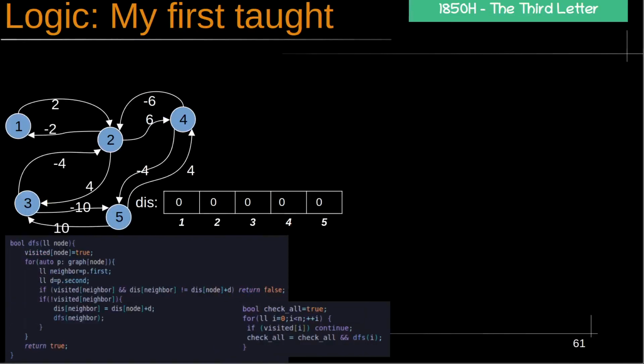This is the code that came to my mind the first time. Let's see how it will work in detail. So we start. This is our starting point. We run a DFS on that point, DFS1.